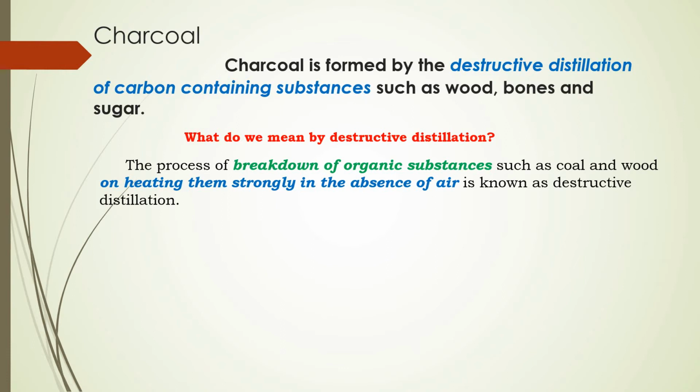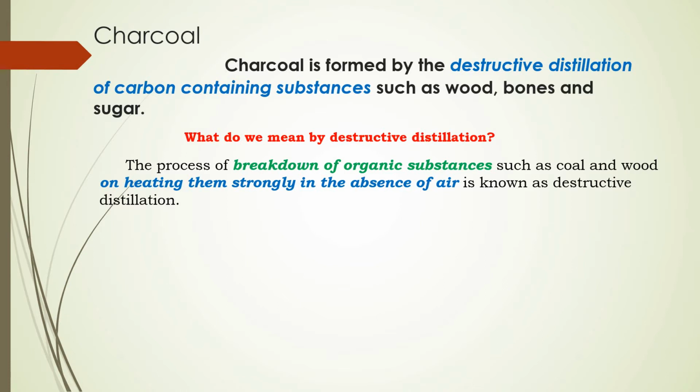The process of breakdown of organic substances, meaning substances containing carbon, such as coal and wood, on heating them strongly in the absence of air, is known as destructive distillation.